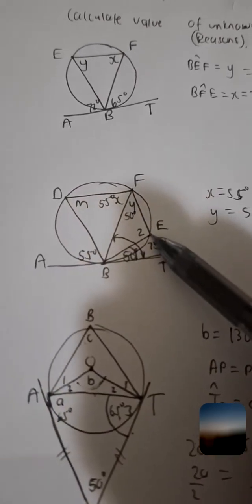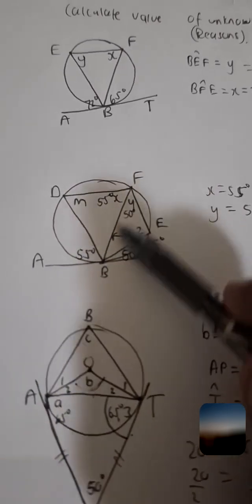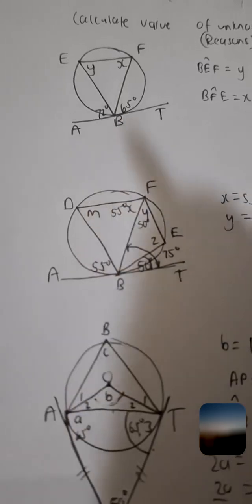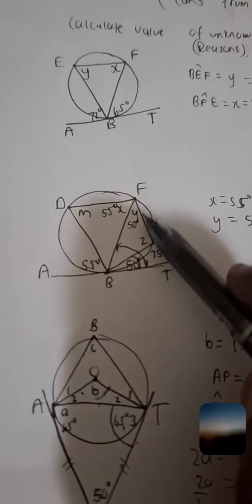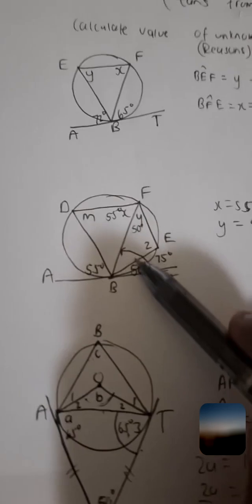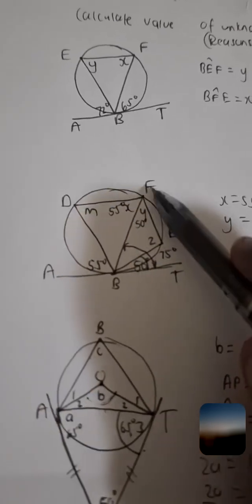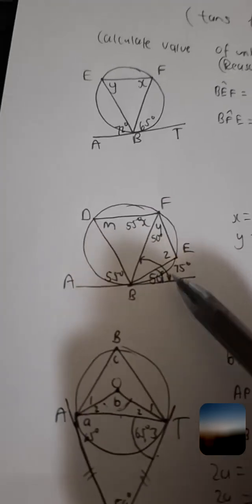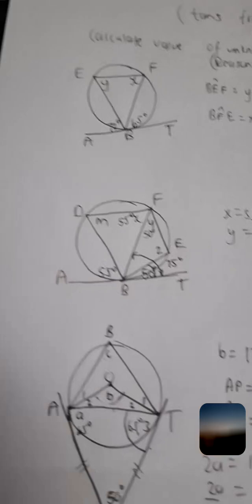Will I be wrong if I said it's equal to 75 minus 50? No, you won't be wrong. If FBE is 75 minus 50, yes.